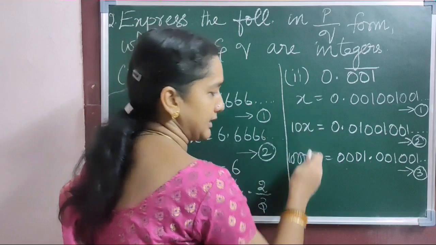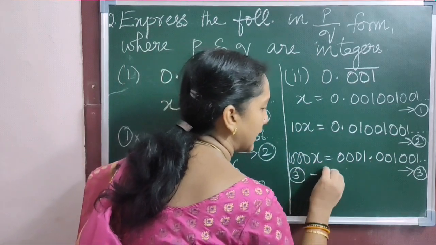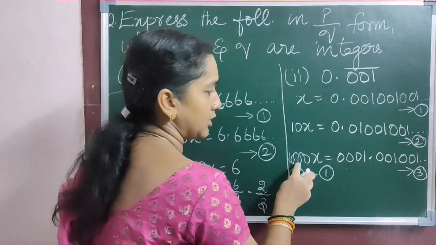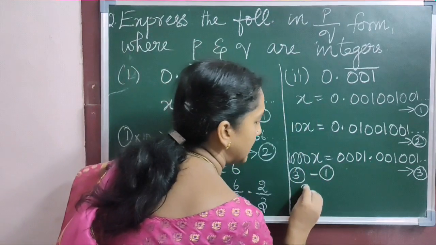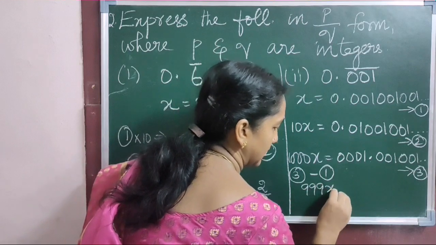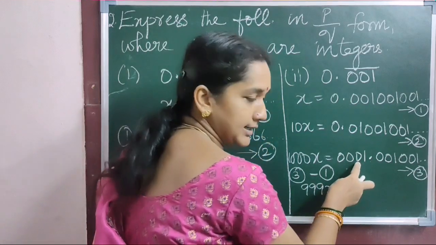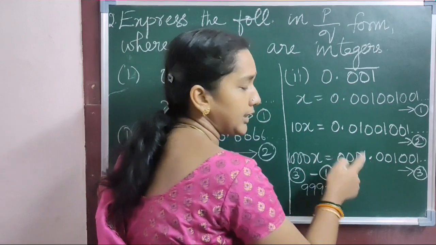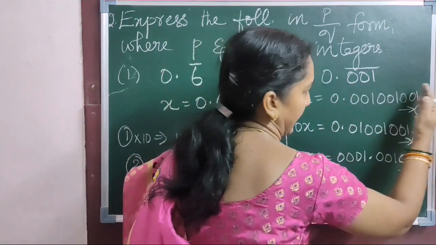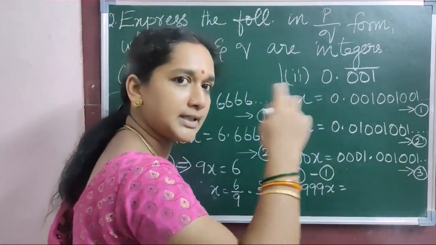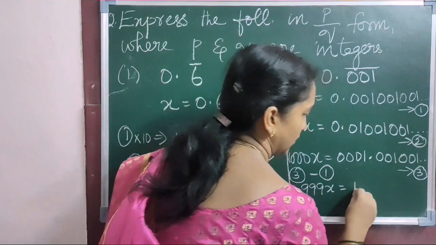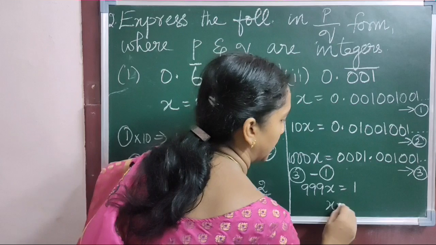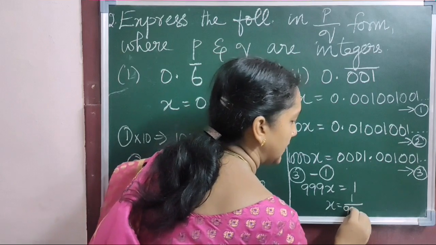So we subtract: third equation minus first equation. 1000x minus x is 999x, is equal to 1, since 001 is also 1 only, there is no value for the 0. So the entire decimal part vanishes, and you get 999x is equal to 1. So x is equal to 1 by 999.